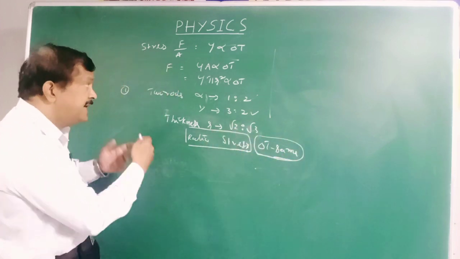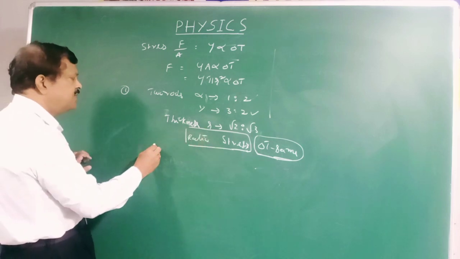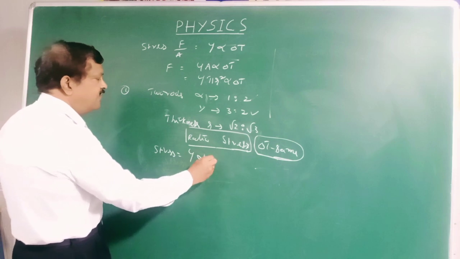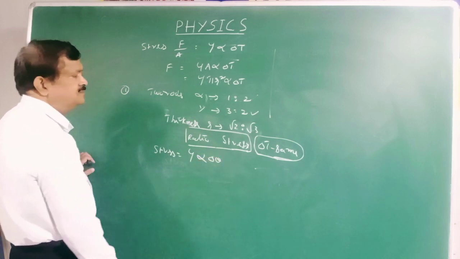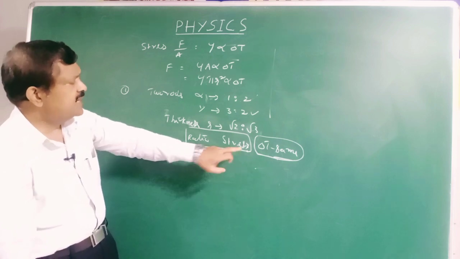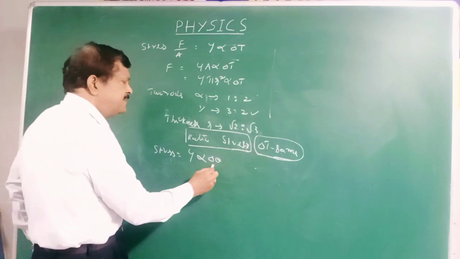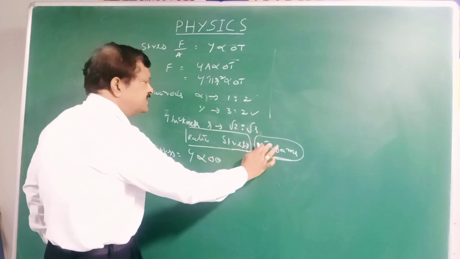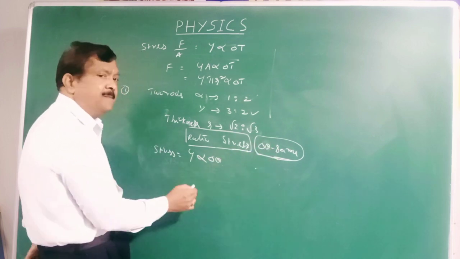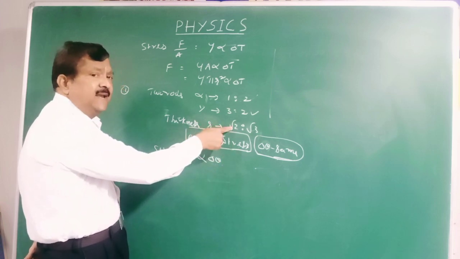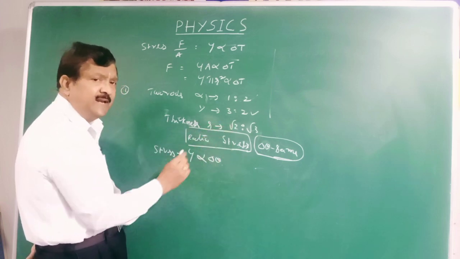So in the equation for stress, if you observe, we can write Y alpha delta theta, but delta T is the same. Let us say the change in temperature is delta theta, that is the same. Then in this equation, we don't have the area, simply Y into alpha we require.